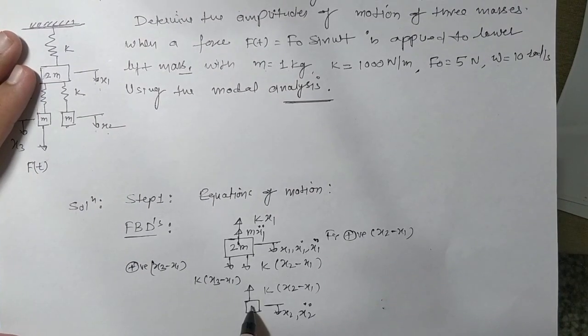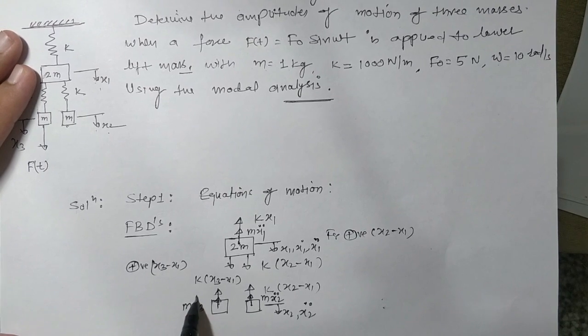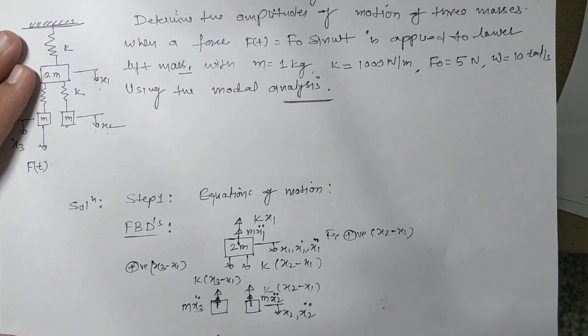Then there would be one more force, that is m x2 double dot. Similarly, this is the free body diagram of the third mass, and there would be a force k times (x3 minus x1) in the upward direction, and similarly one inertia force in this direction, that would be m x3 double dot.